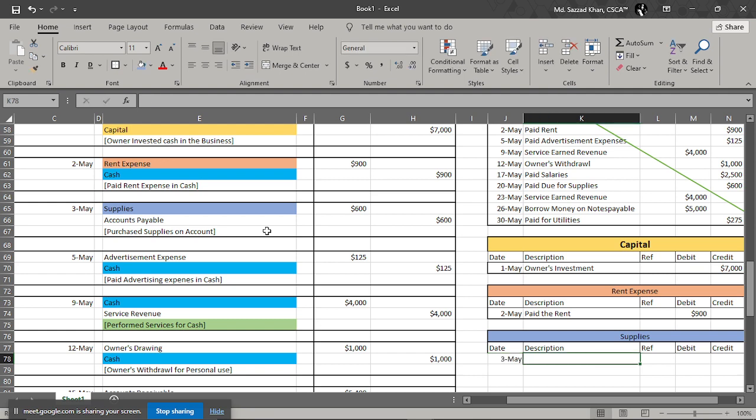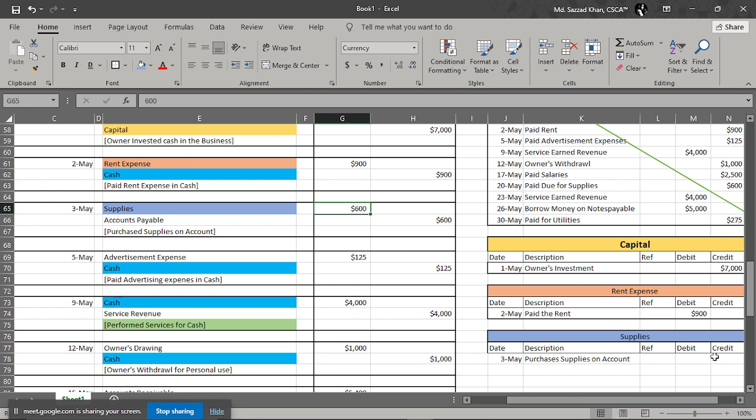What happened? We purchased supplies on account. How was it affected, debit or credit? You can see supplies has been debited, right?